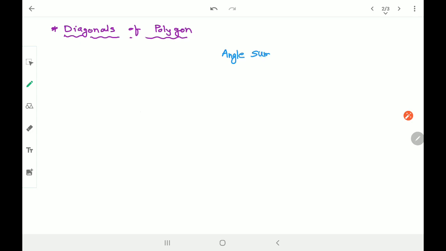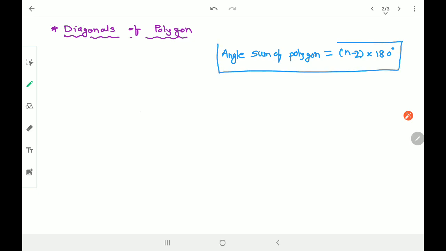Angle sum of a polygon is equal to, what is it? n minus 2 into 180. Okay? n is nothing but the number of sides of a polygon. Right? This is a very basic formula. You have to remember it. Fine? So whether I want it for a triangle, a quadrilateral, or any n-sided polygon, I can easily state this formula.